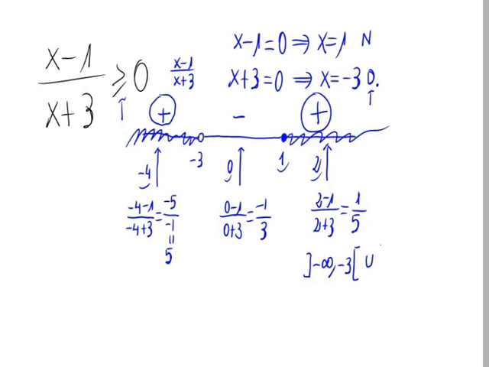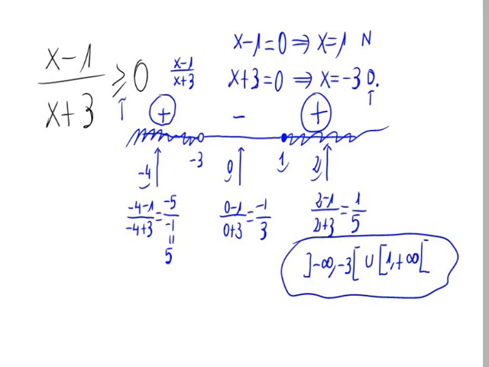Let's write down here the solution. That is the interval from minus infinity until -3 not included, of course, and now from 1 included till plus infinity. This would be the result for the given inequation.